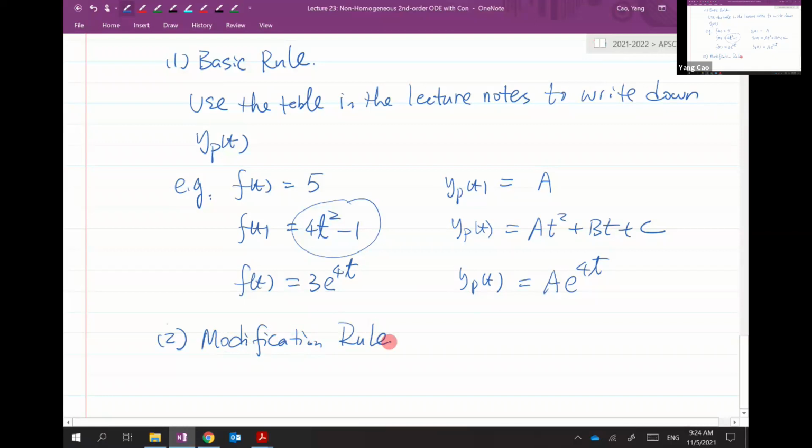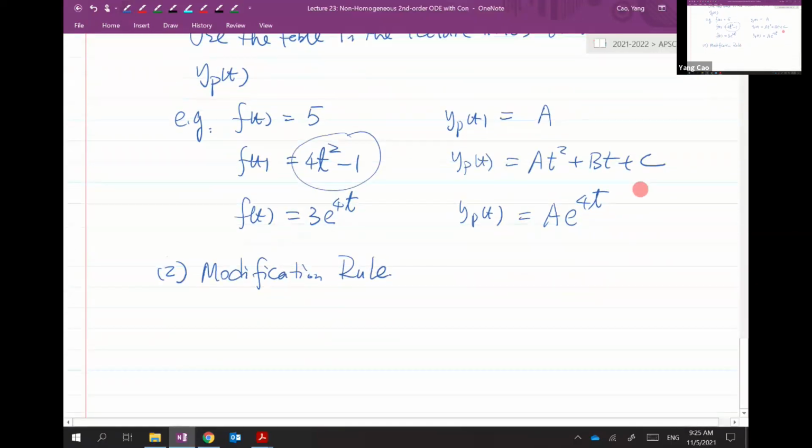This modification rule, you can bet on it. Most probably, which means definitely, you'll be tested on it during an exam. This modification rule is a little bit long to write, but let me explain it, probably through examples.